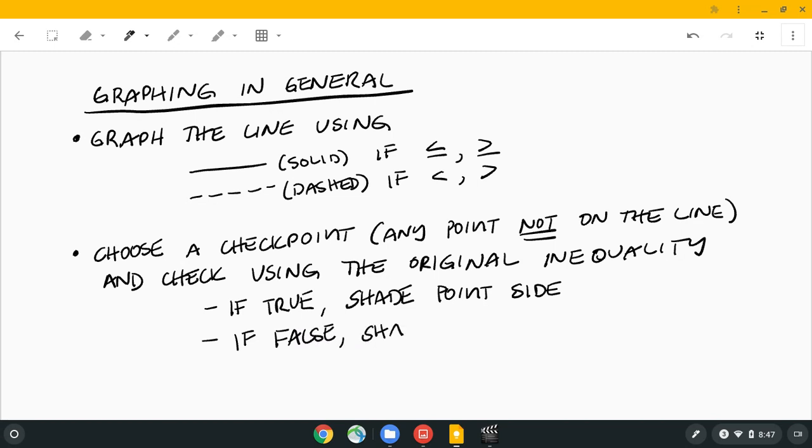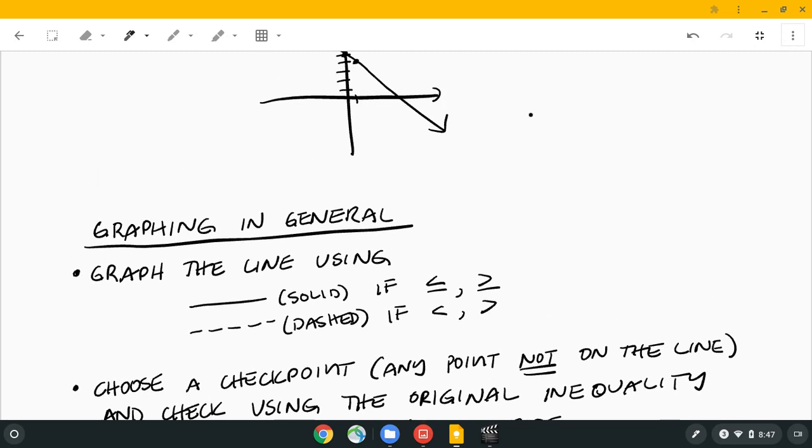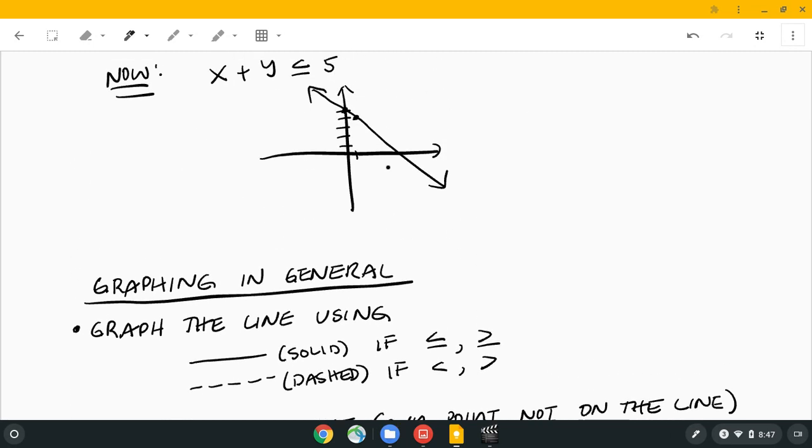Because remember, there are two sides of the line, right? So here, if you have this line, you have two sides. This side of the line, and then you have this side of the line, right? And let's say you pick a point, wherever you pick it away from the line. So let's say you picked this point.